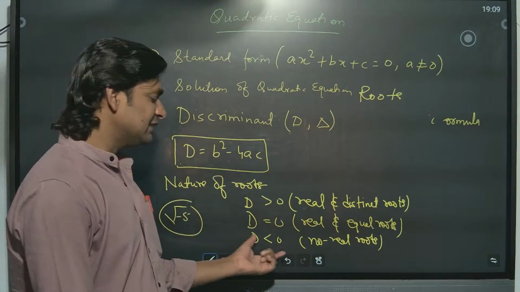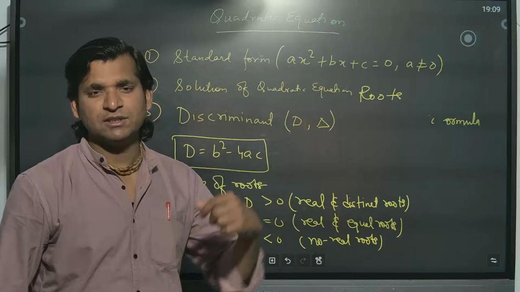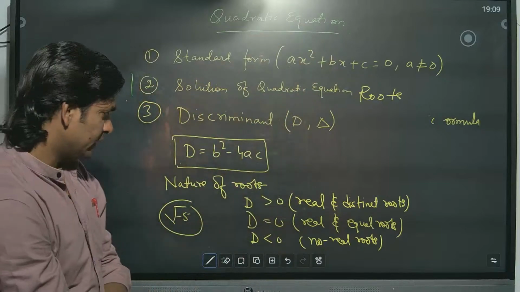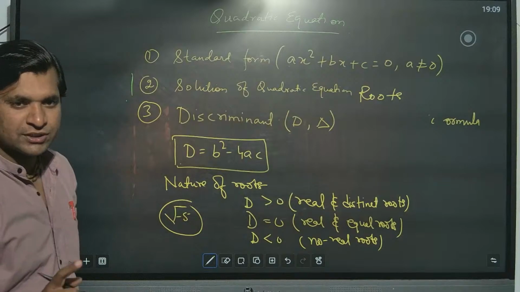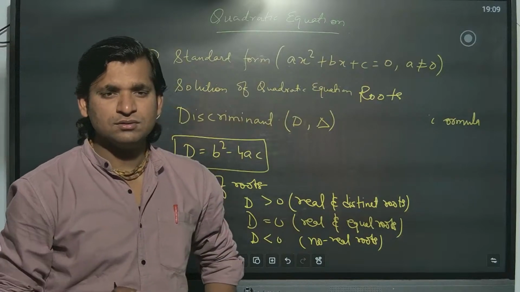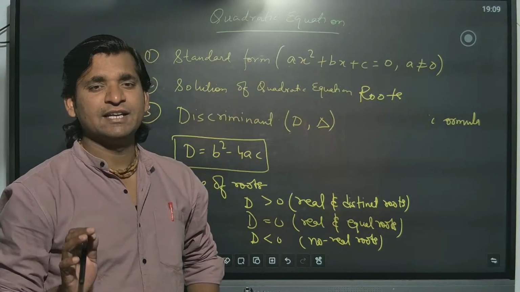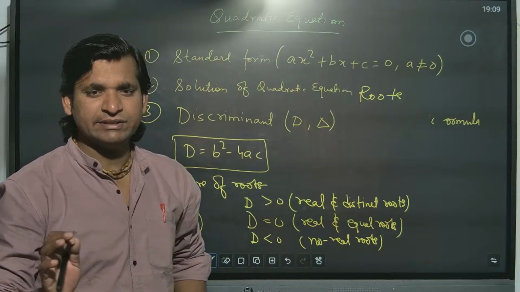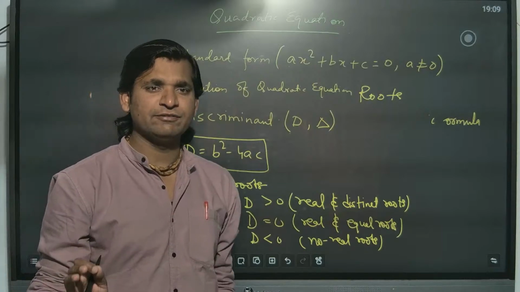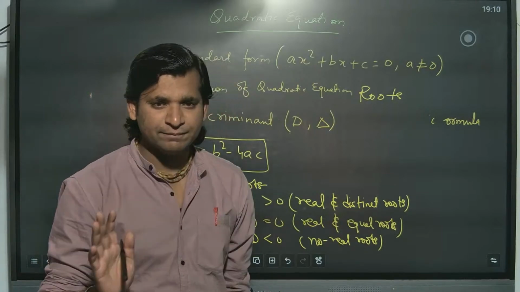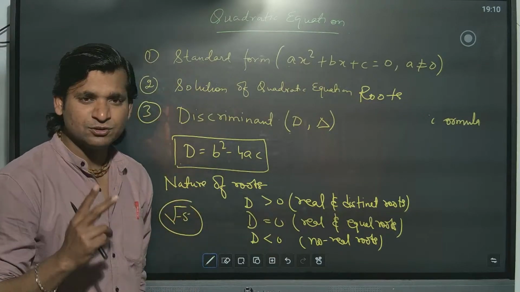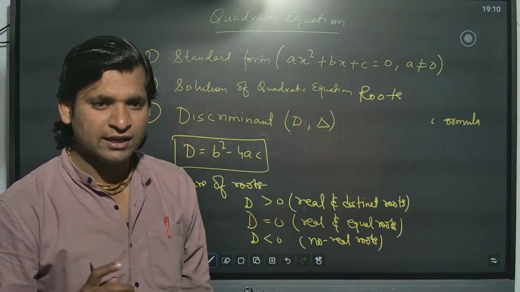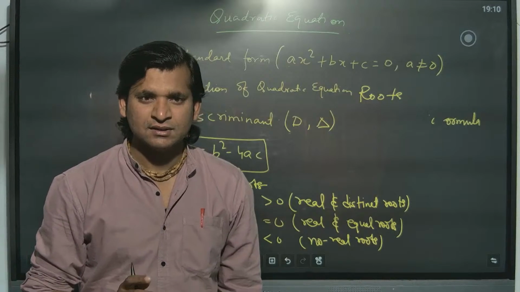So if D is less than 0, then it is not possible to find its roots. Okay. So using this, you will get one question to find the value of k. They will tell they have real and equal roots, then find the value of k. So this one question from here is for sure and certain 2 marks. Okay, so everyone has to practice.